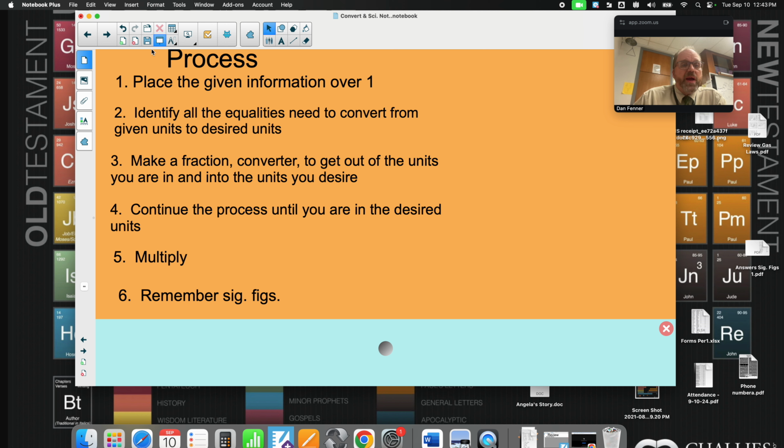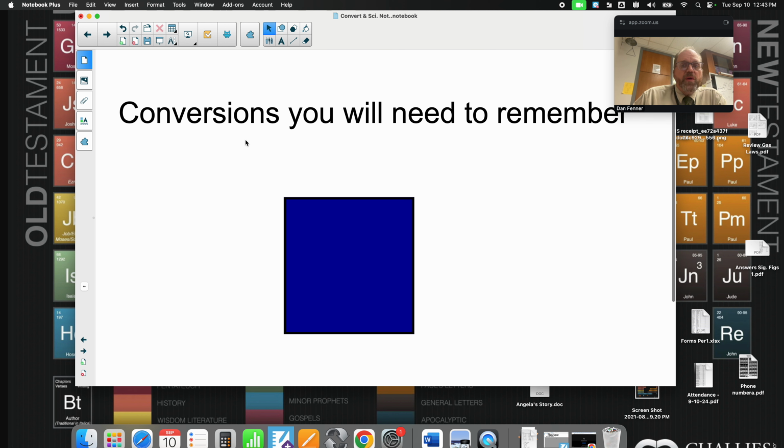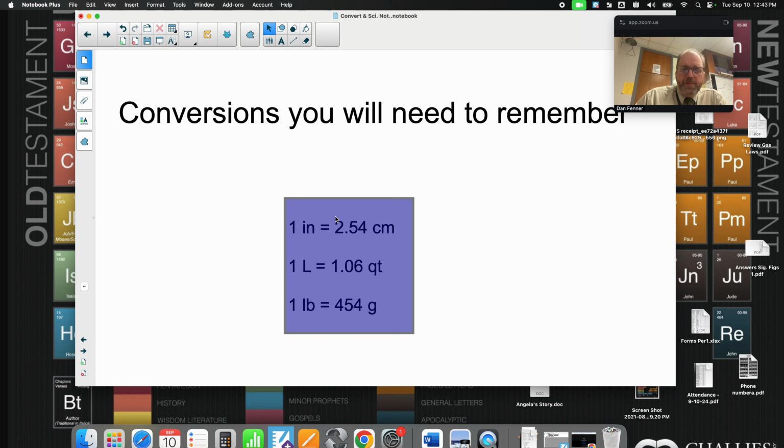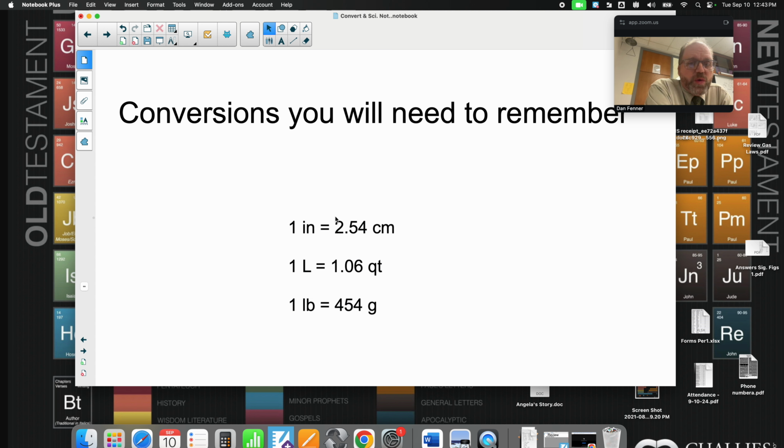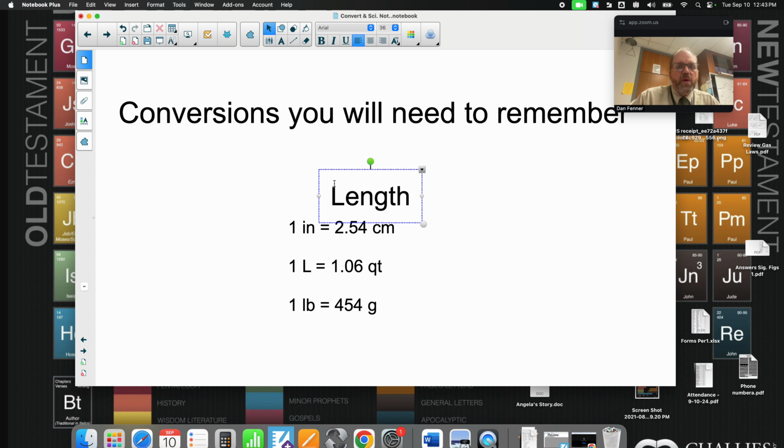All right, so there are certain converters that we're going to have to work with, and we have to always use those. I'm going to be consistent. So if we're doing length, I always want you to use this equality between inches and centimeters.